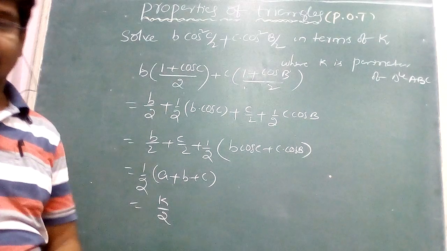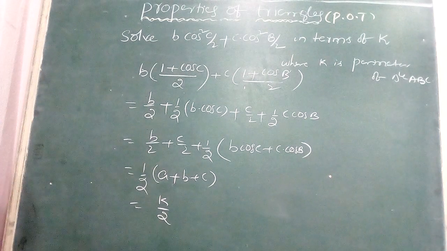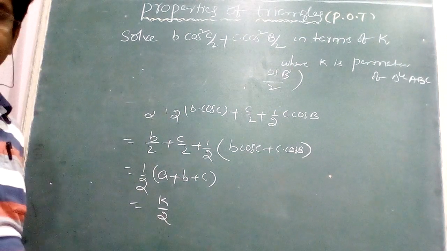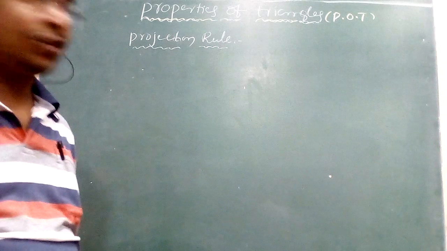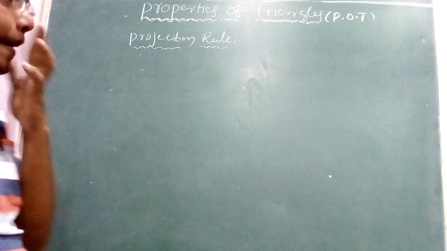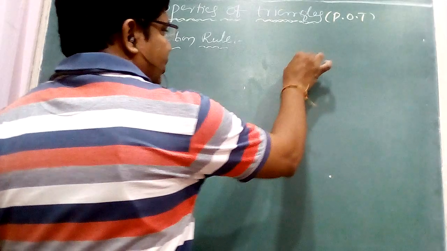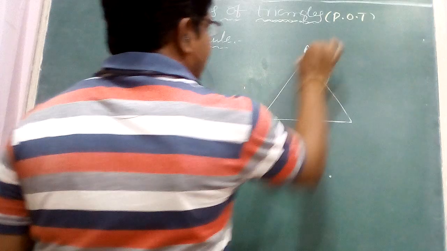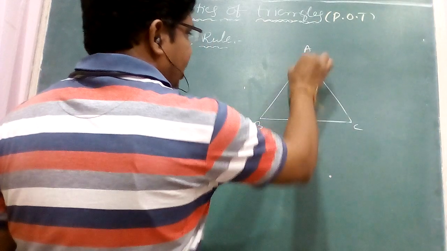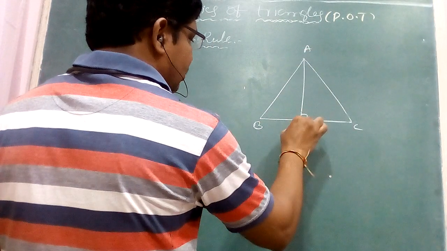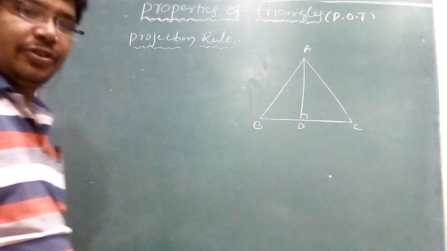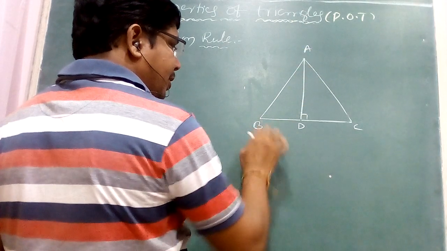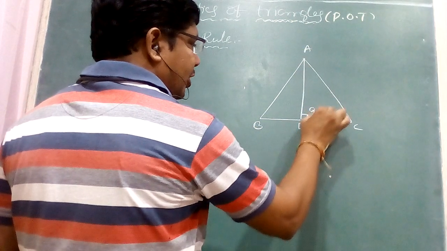This is the projection rule. I am explaining one more problem on the same concept. In a triangle ABC, AD is perpendicular to BC, 90 degrees.